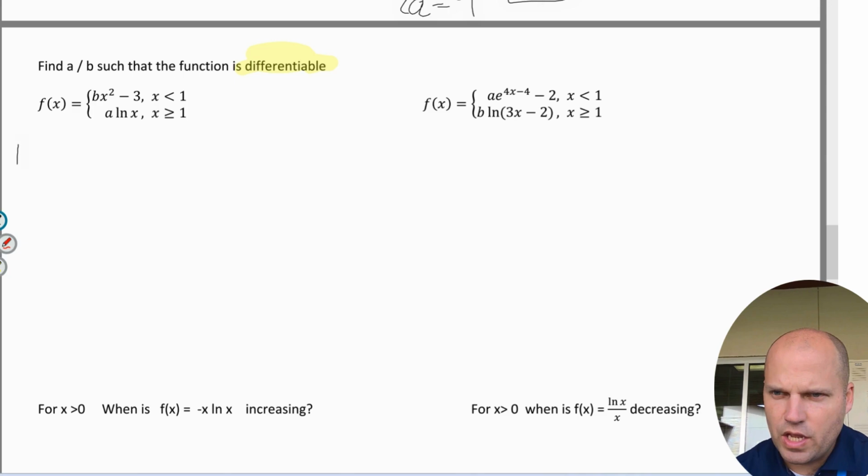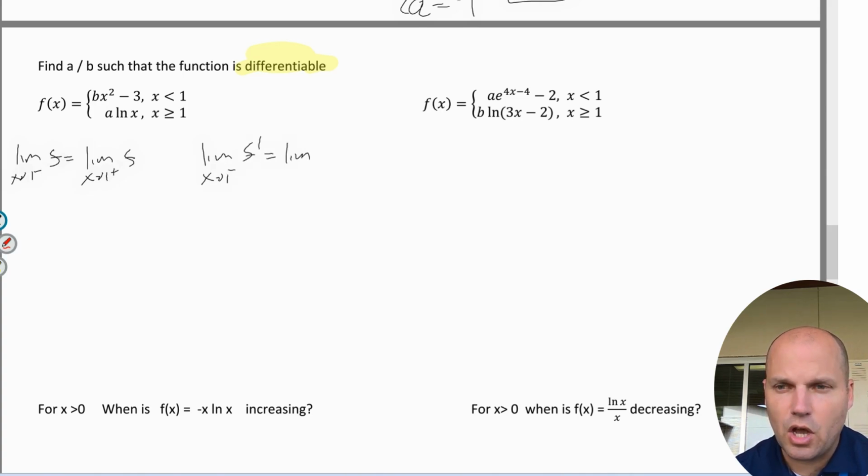Anyways, you need two things. You need to ensure continuity by checking to the left and right of the important x value. You need to ensure equal slopes, differentiability, a smooth connection. Differentiability implies continuity and a smooth connection everywhere.